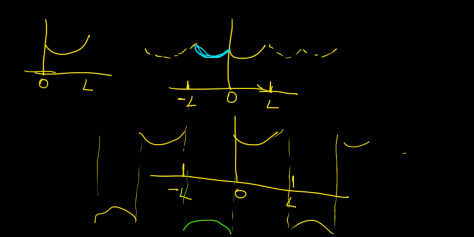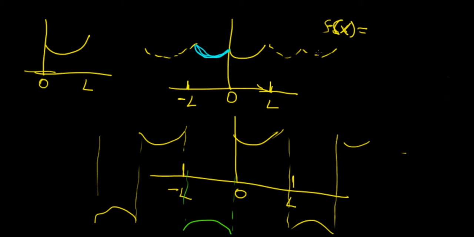So depending on our choice of what we want to do in terms of the expansion, we're going to choose one of two possibilities. So for the even case, our Fourier series is going to be a Fourier cosine series. Sorry.